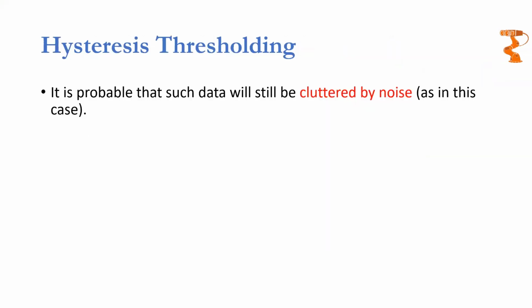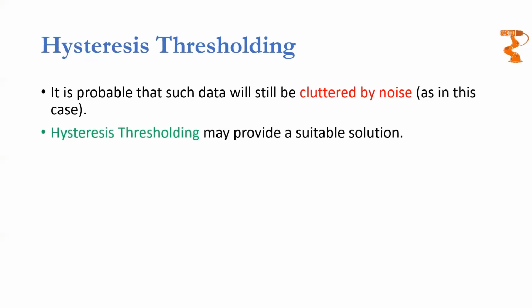After that, it is quite probable that such data will still be cluttered by noise. There will be some portions, some edges, which you cannot say whether these are correct edges or false edges. So how can we eliminate those things?